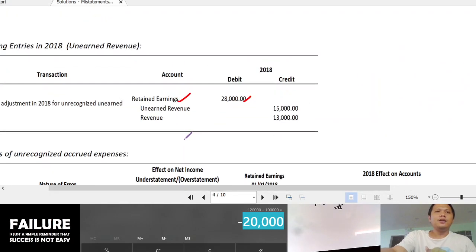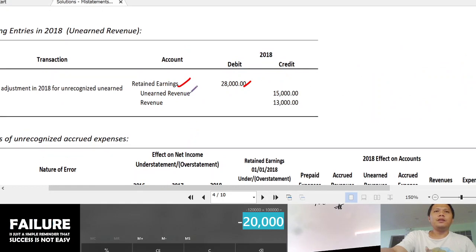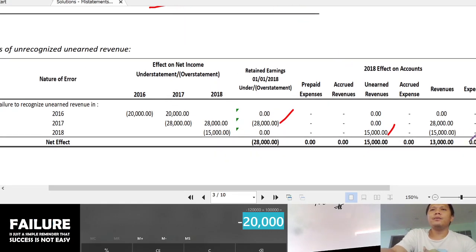Per analysis, per working paper. So, what will be our entry? Credit your unearned revenue by 15,000 because again, nagkulang ka sa unearned revenue mo. Recognize an additional liability.